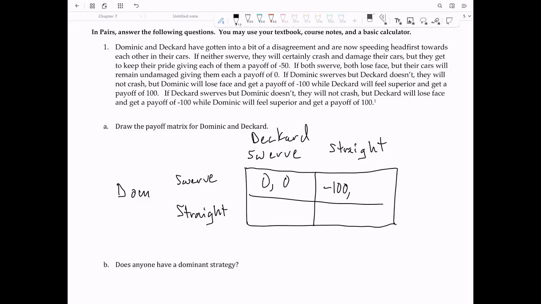He lost, right? And Deckard gets 100 because he's the winner and he's the best. He's super brave. Okay, and then the same thing if they switch it around. And then if they both go straight, they get negative 50.